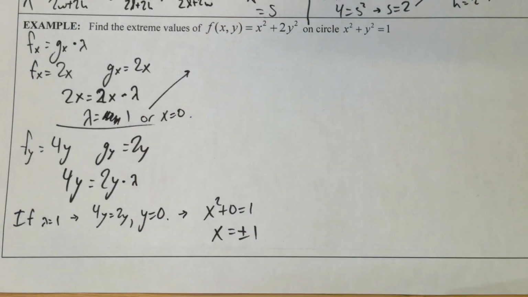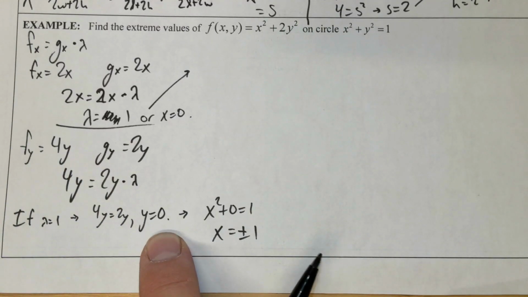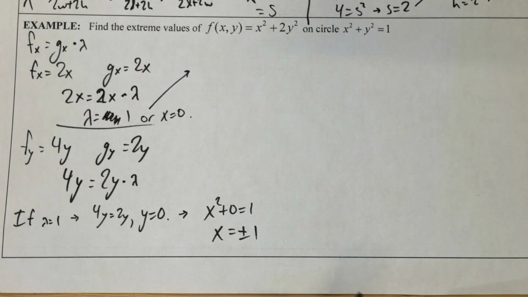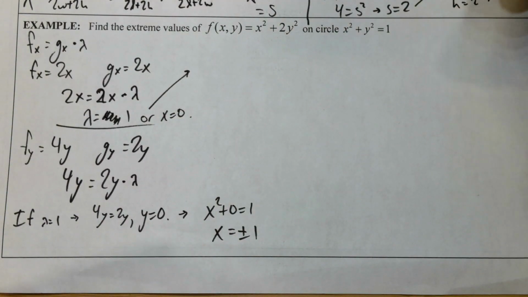Duh. That was my issue. I misread my own notes. I apologize for that. That's why I only cared about the lambda equals 1 case down here. Because if lambda equals 0, it's kind of senseless. It means that that works in every case. Actually, it would work in no case.